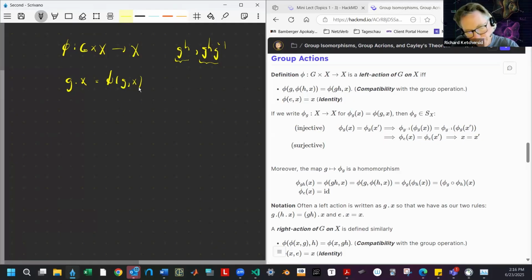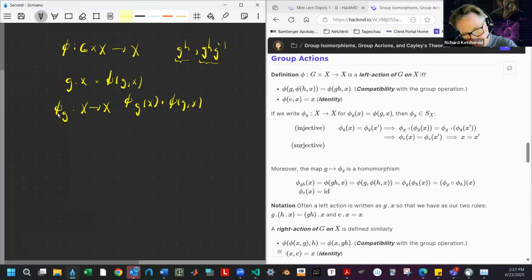And the property we have here, what this phi really does, and there are some useful reasons for thinking about it like this: if I think of phi g as a map from X to X, where phi g of x is phi of g, x, then we're sort of taking slices in a way.